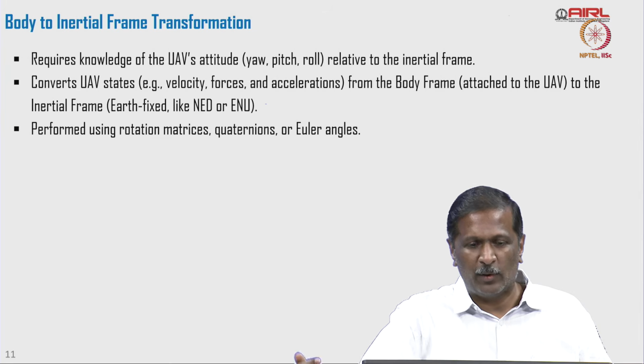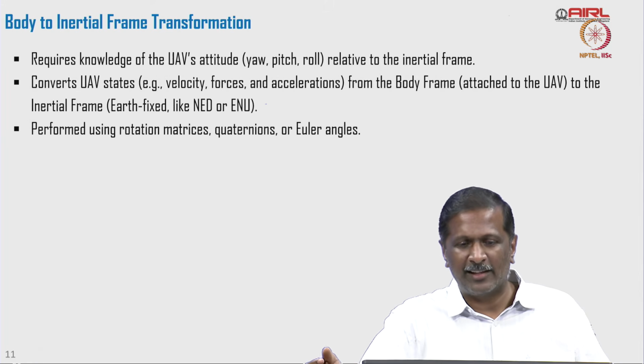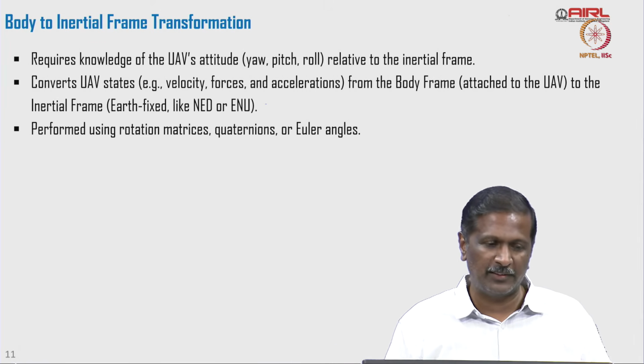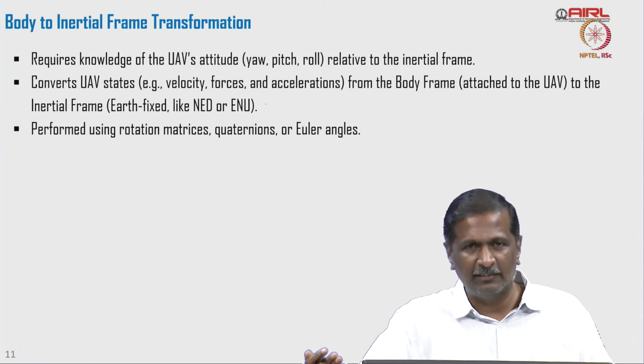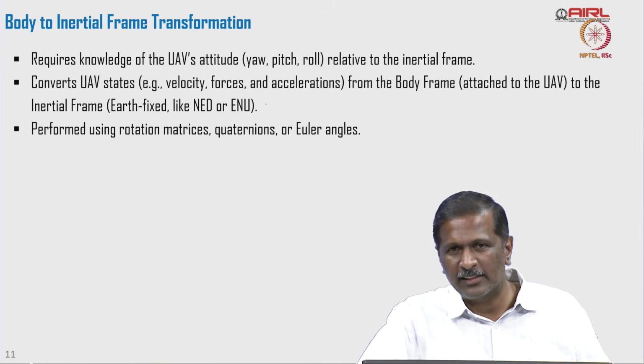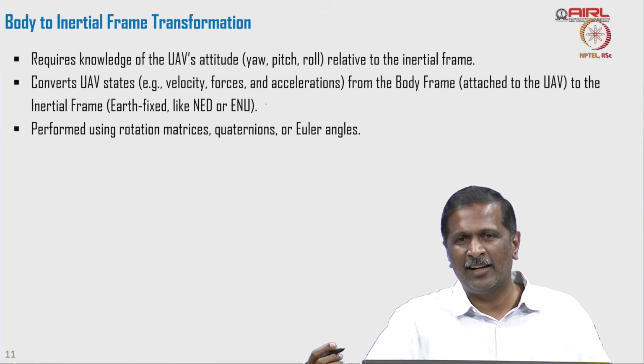Now body to inertial frame. Why do I need it? I am talking about the attitude of the aircraft, pitch, roll, yaw, which are all defined with respect to the body axes, but I want to take the attitude to the inertial frame of reference. I need to convert the state of the UAV. What are the forces acting on the UAV? What is the velocity of the UAV, or how much acceleration do I have on the body?